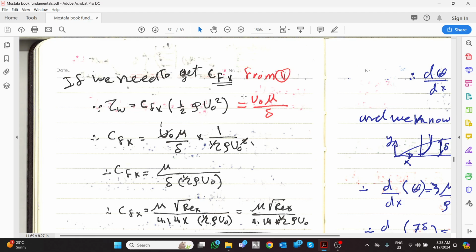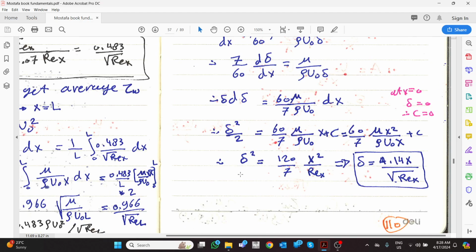So just equate this formula as well. Which is from 0 till u naught, which is du, divided from 0 till delta, which is du by dy multiplied by mu. Put this one equal to this one, Cfx equals blah blah blah.